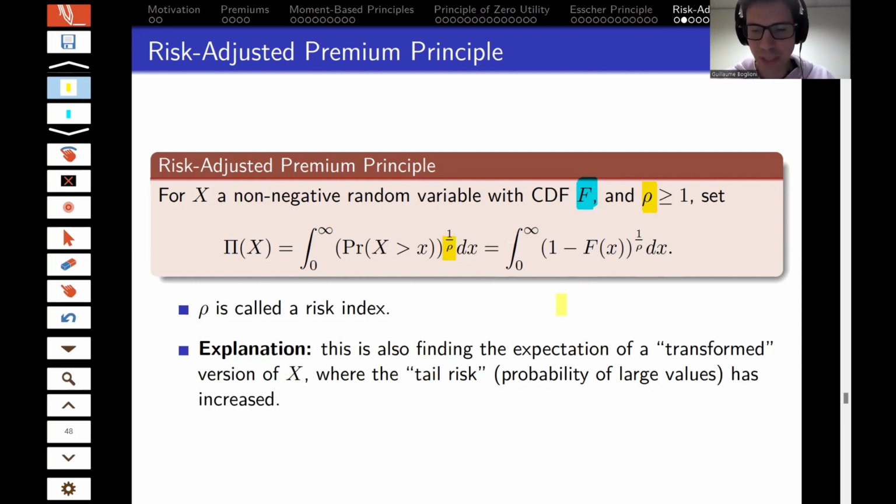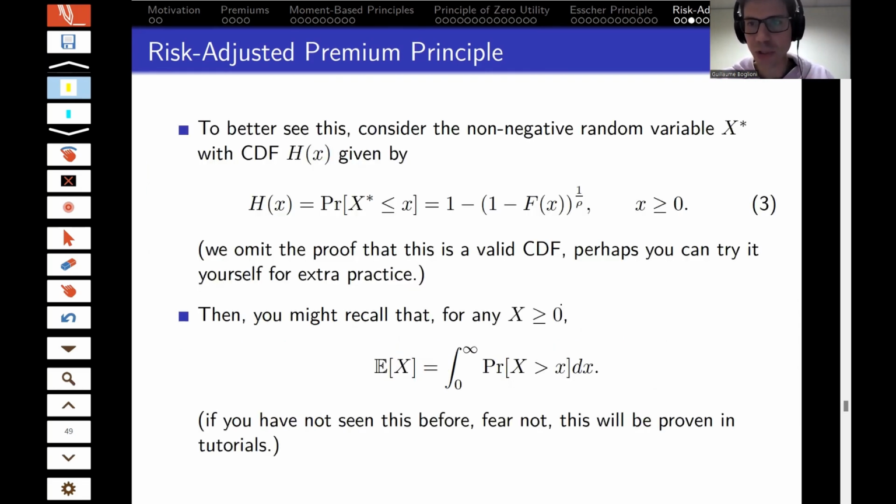Can we see that with this formula? I think we can, but let's explain step by step. We're going to use the same strategy as with the Esscher principle. We're going to find explicitly this transformed variable of which we're taking the expectation. So bear with me. Consider this other random variable, which we call X star, with the following CDF.